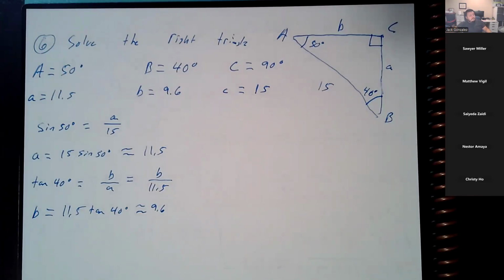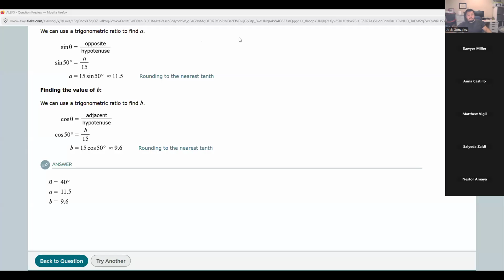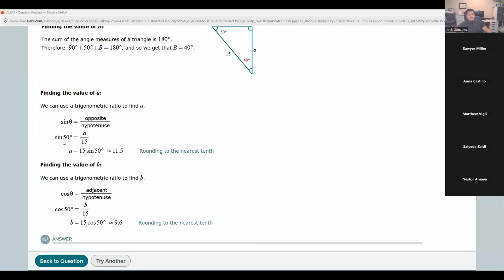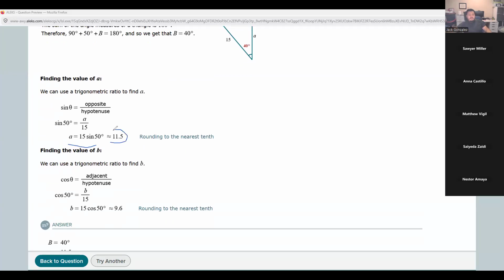So let me show you what they did. There's more than one way to solve these because you can use any trig function. So they started with sine as well. They said sine 50 is a over 15. Multiply both sides by 15 gets us to here. Punch it into your calculator, and that's what we got, right?